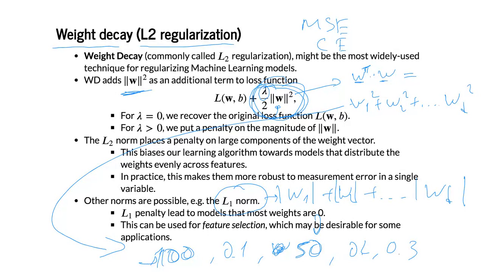So if the weights are zero, then the corresponding features will also be zero. So this kind of loss can be used for feature selection, okay? If our model has a lot of zero weights, also called sparse weights, then we can identify important features in our model.